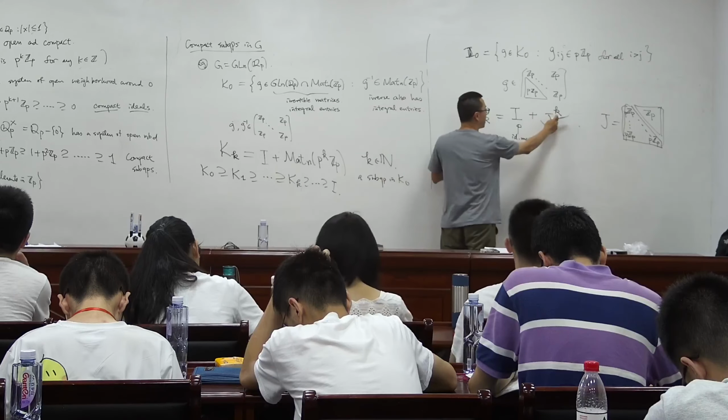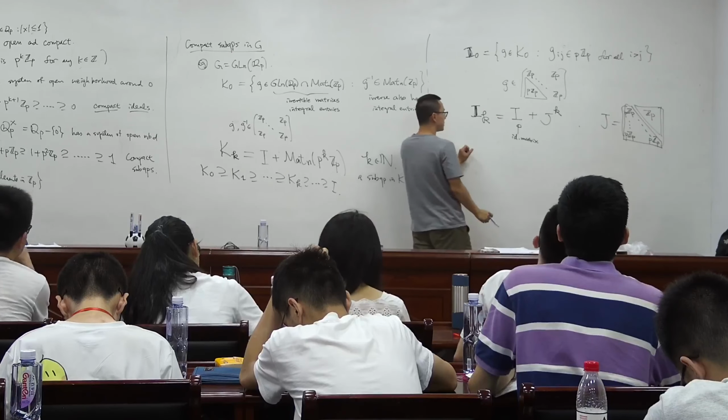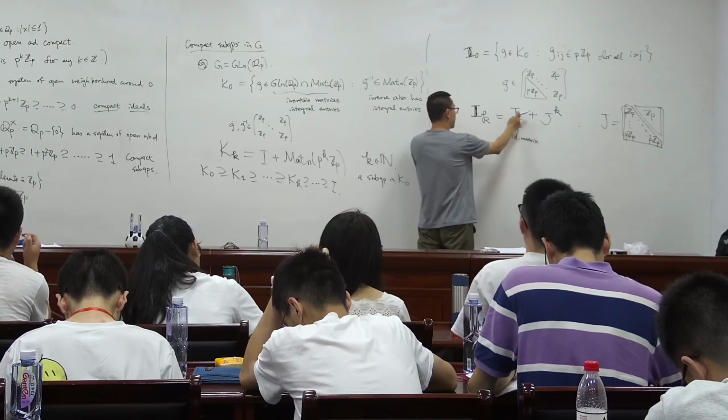And I take the kth power of this set J, and you translate it by an identity matrix.